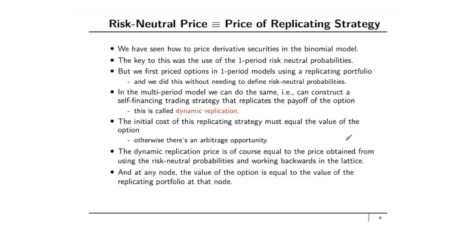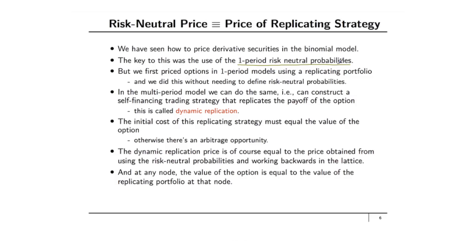Okay, in this slide, I want to talk about risk-neutral prices of securities and emphasize that, in fact, they're the same thing. Those prices are the same prices you get from constructing replicating strategies. Okay. So we have seen how to price derivative securities in the binomial model, and the key we saw to this was the use of one-period risk-neutral probabilities.